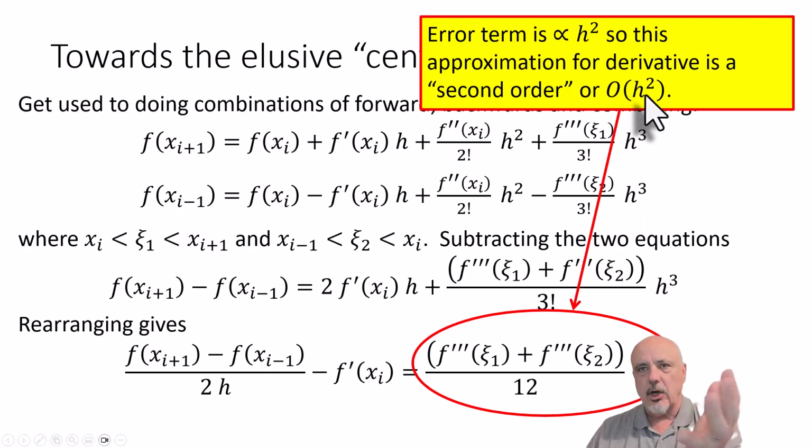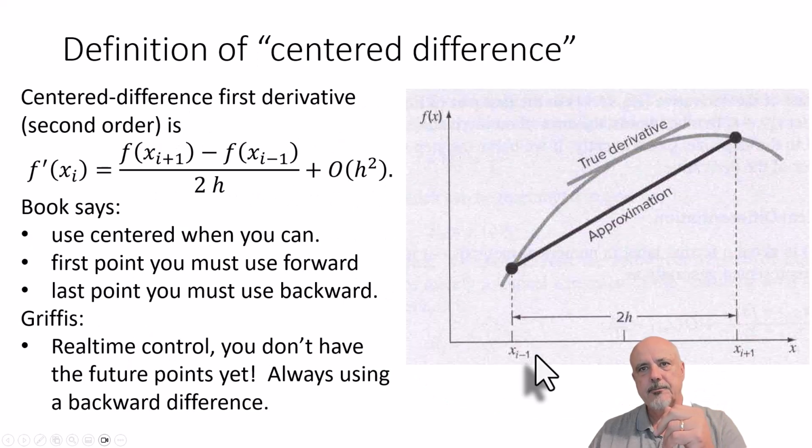So that's a better approximation of the first derivative, and I'm using a forward point and a previous point and dividing by 2h to get that first derivative, but it's going to be better because it's second order.